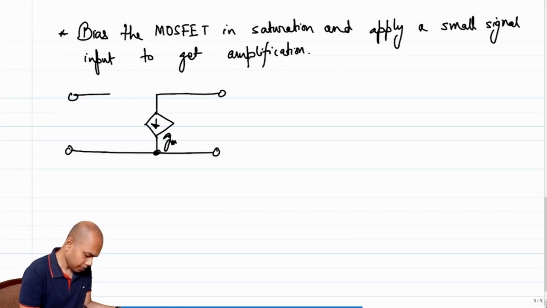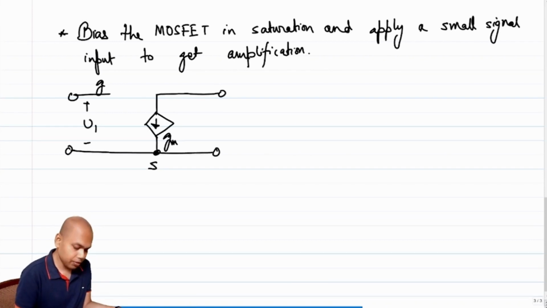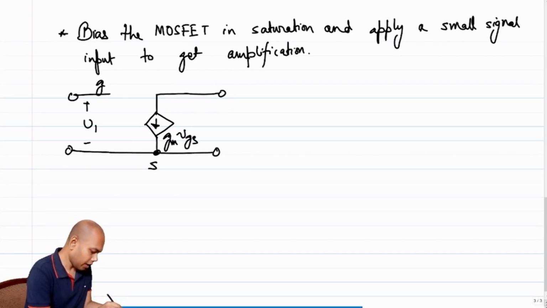So this is GM times V1. What is V1? V1 is this voltage. But note that this V1 is between the gate and the source. So GM times V1, we can also write as GM times VGS, right?